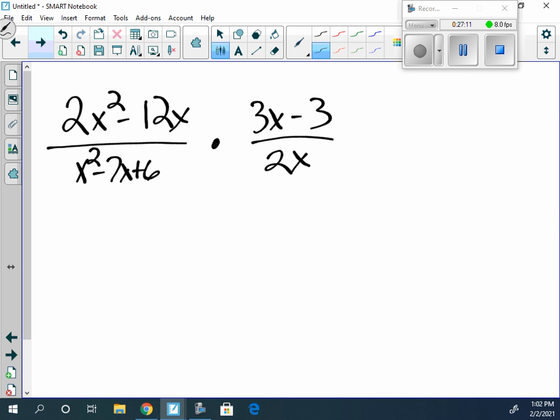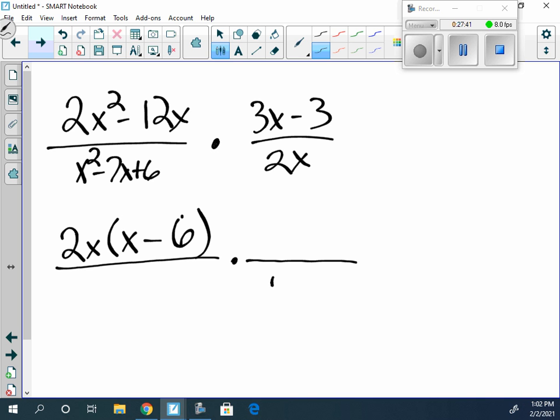Now, when we look at the first set of terms, 2x squared minus 12x, there's a common factor of 2x. So 2 divided by 2 is 1. If we pull an x out of x squared, we're just left with x. Minus 12 divided by 2 gives us 6, and the x factors out completely. Does that make sense? So make sure that you're pulling out just x and not 2x.